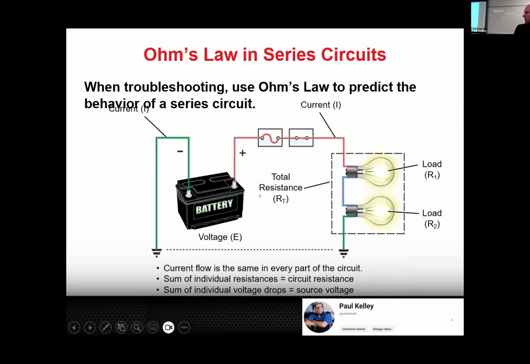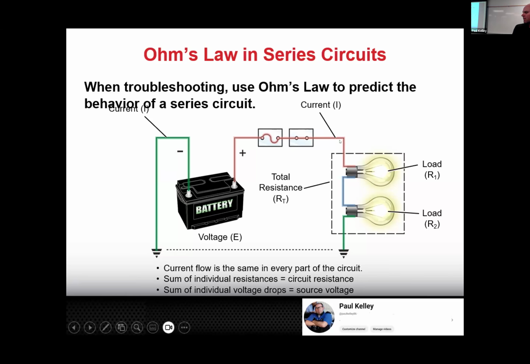So if we were to look at this, we've got a fuse, we've got the switch. Let's just say I had a problem with both of these two bulbs. Is it likely that I have two blown bulbs? Or is it more likely that I may have a problem somewhere with one of these components?